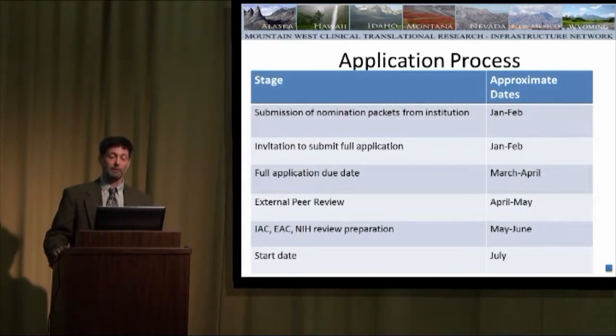And then after a brief review of those nomination materials, and I'll describe in a moment what the components of the nomination packet include, after a brief review by the pilot grant KCA, we offer invitations to eligible applicants to submit a full application, which will be due later in the spring, March, April.